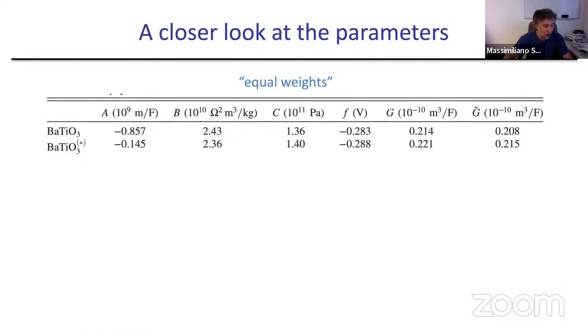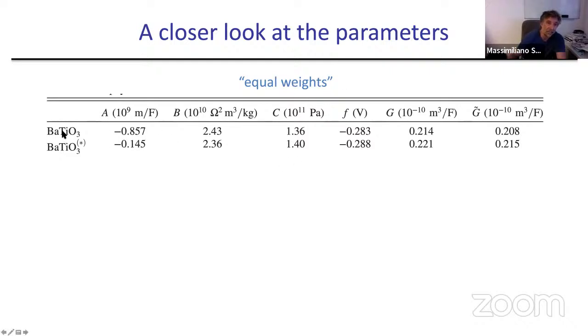So I don't know how much time I have, but I wanted just to discuss briefly the parameters, just because this is what a Landau theorist might be interested in. And again, we have different parameters depending on the weight convention. In the case of equal weights, this is what we get.